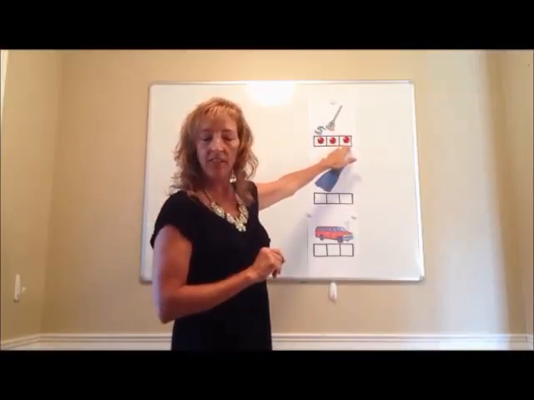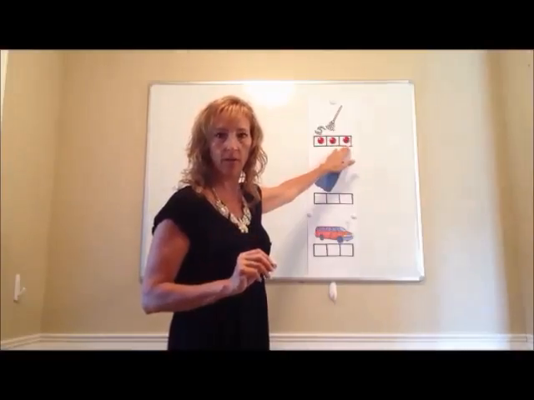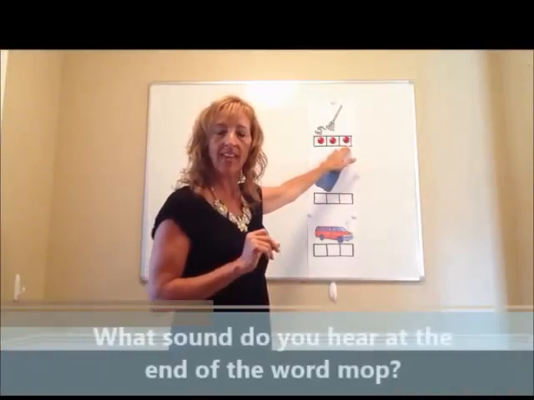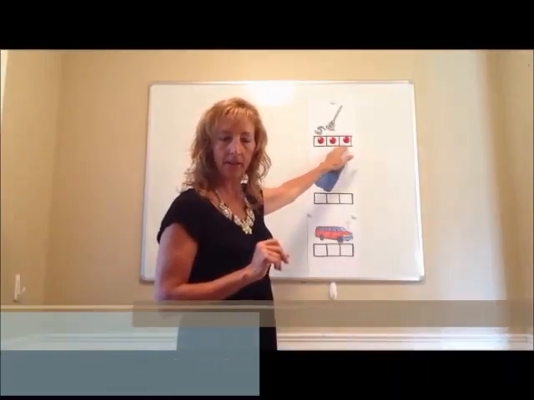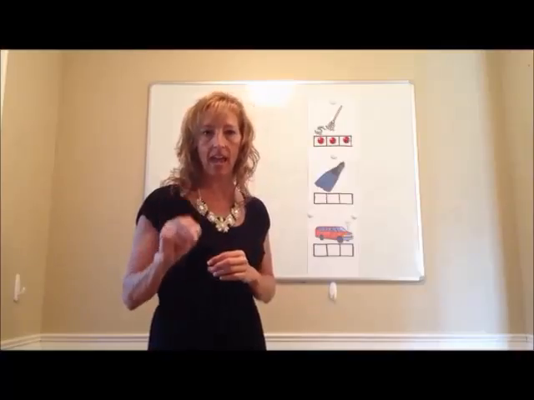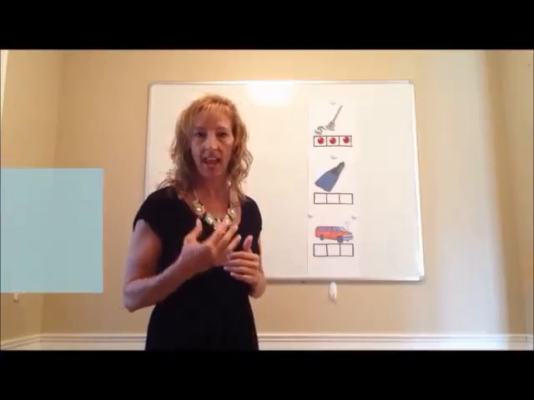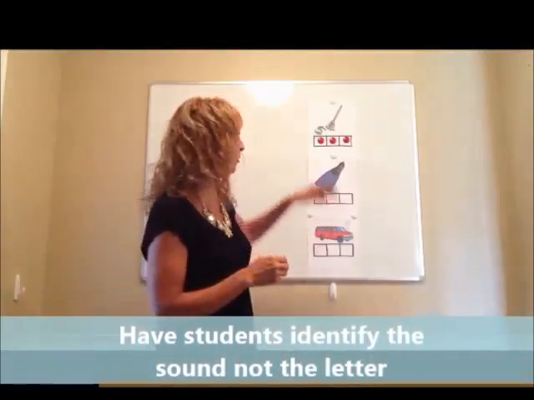Then point to the final sound box and ask that same question but about the final sound. What sound do you hear at the end of the word mop? Mop. Be careful that students don't identify the letter by saying M or P, but they actually identify that sound. We want them listening for the sounds in the words.